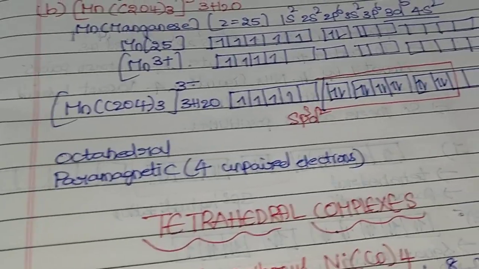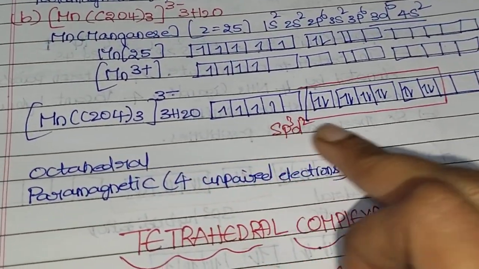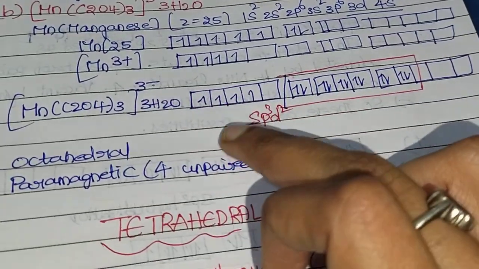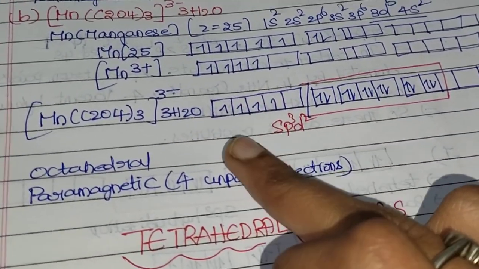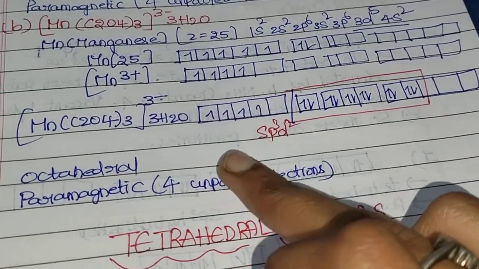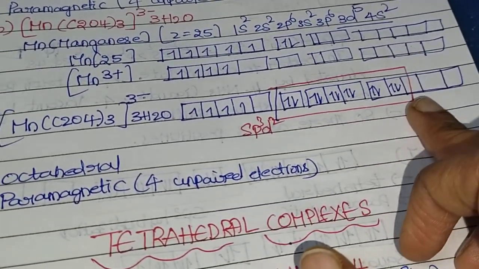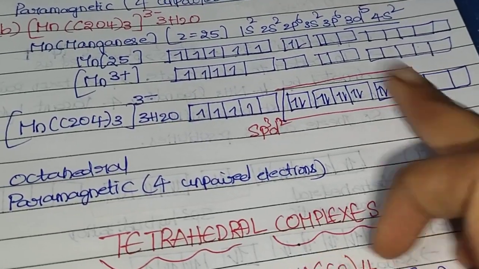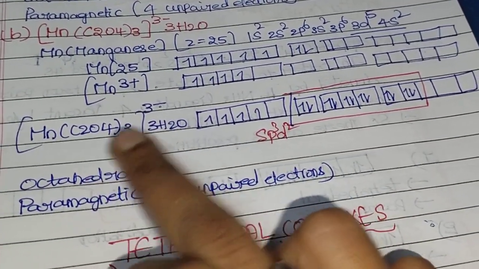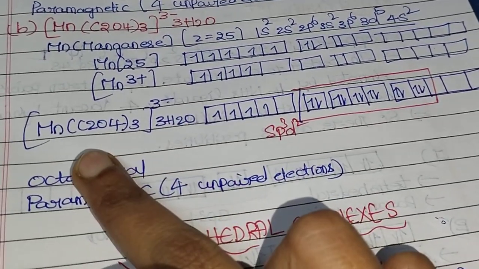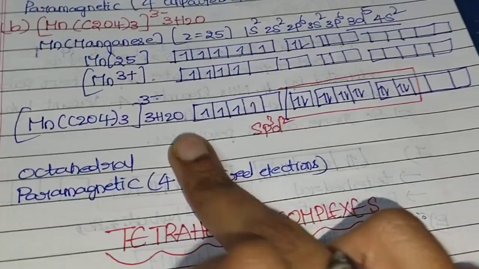Then how will the Mn(C2O4)3 3H2O complex form? As it cannot force these electrons to pair up, as I already told, because it is also a weak ligand, it will use the next d orbitals for the 6 vacant positions. So 3 plus 3. Different ligands are there, 3 C2O4 are there, 3 H2O are there.